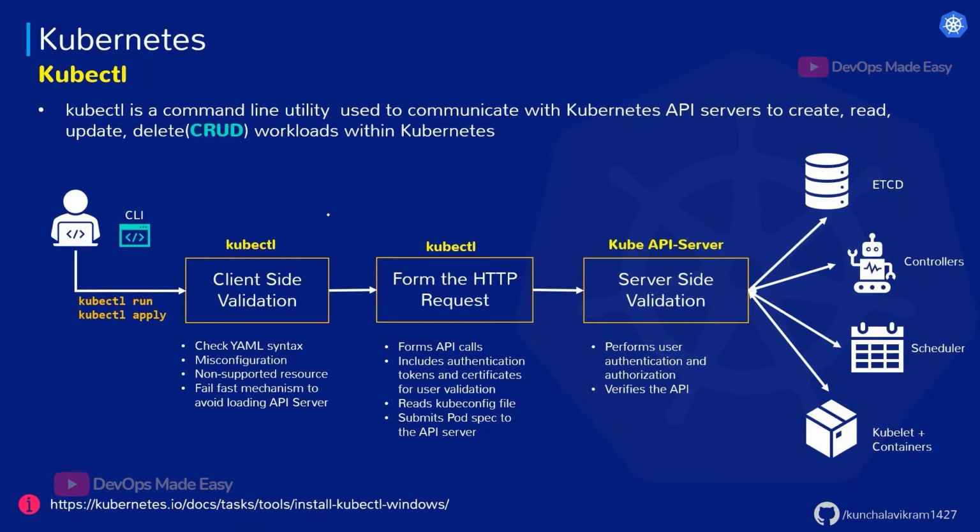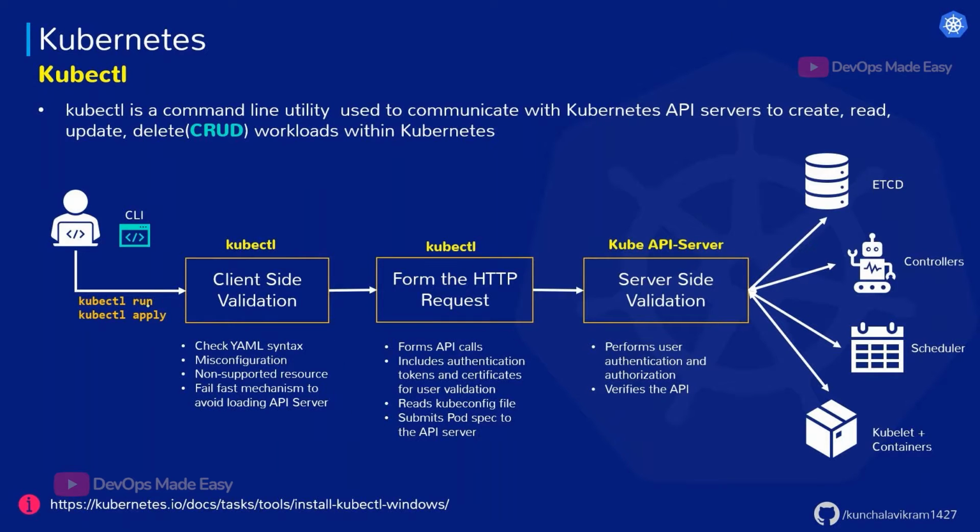What happens is, whenever you run any command, first client side validation takes place. So what is this client side validation? Let's assume that instead of kubectl run, you ran another unsupported command. Instead of that command failing at the API server end, we fail it at the client side, that is at the kubectl side itself, because failing at that side is much faster.